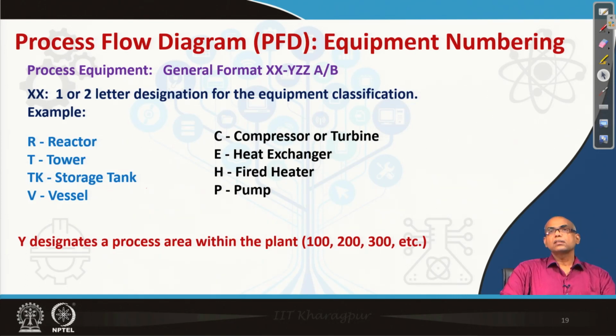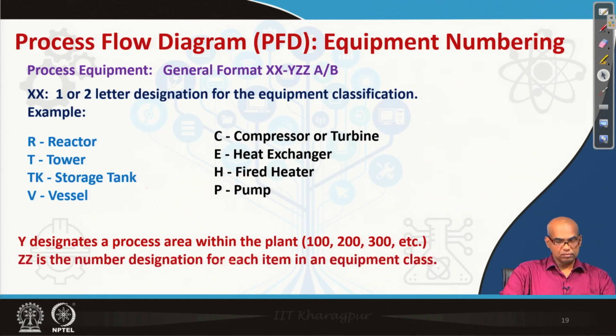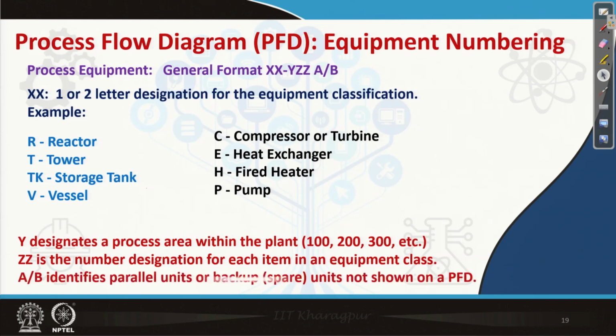It normally has numbers like 100, 200, 300, etc. Then ZZ is the number designation for each item in an equipment class.